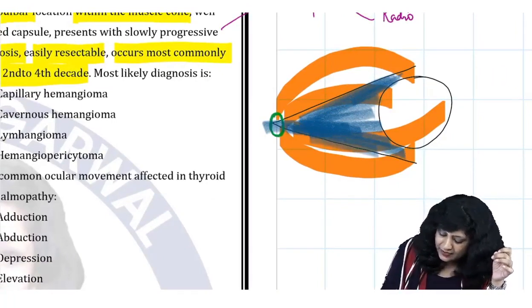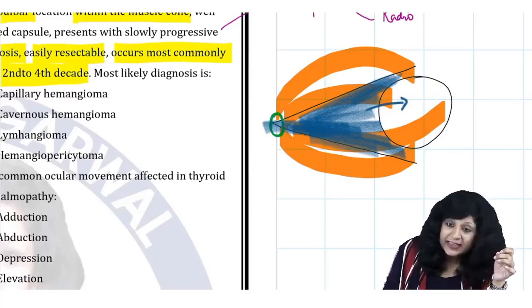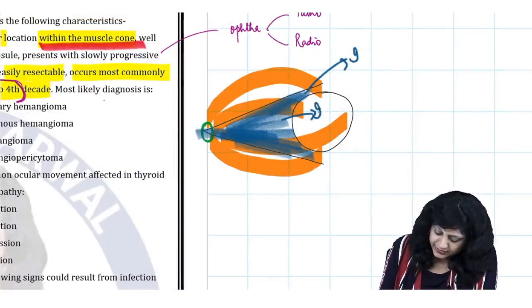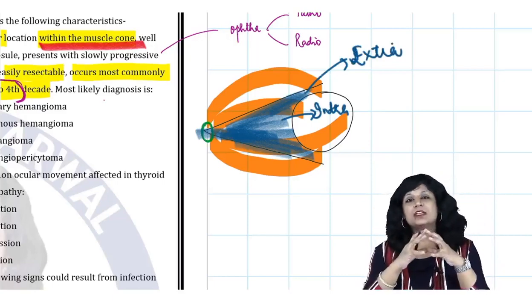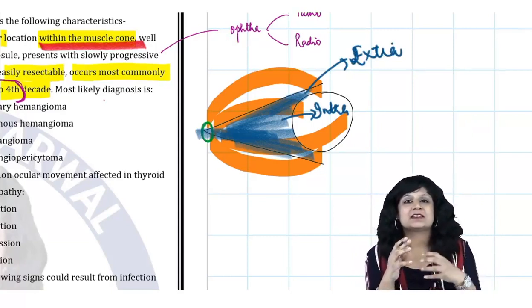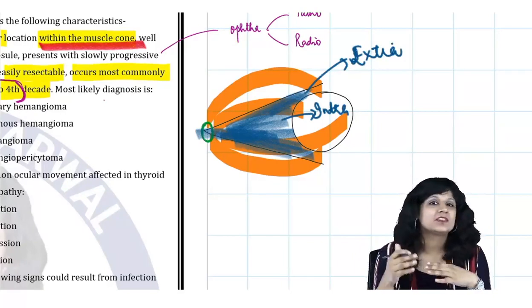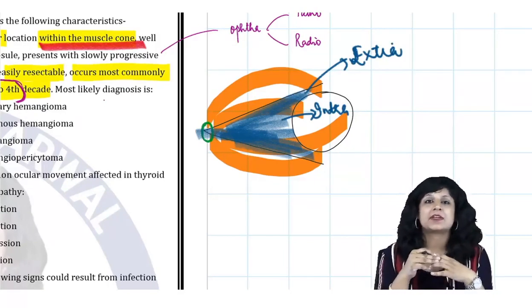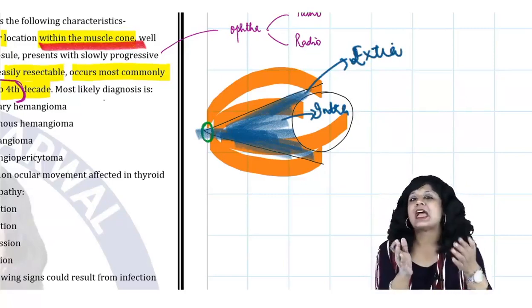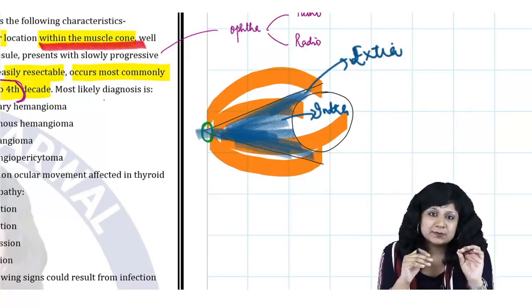So this will be your intraconal area, and this will be your extraconal. This is your intra and this is your extraconal space. When I am talking about these intraconal and extraconal spaces, this relates to the radiological appearances that you are getting. We have a conal, an intraconal, and an extraconal space there.